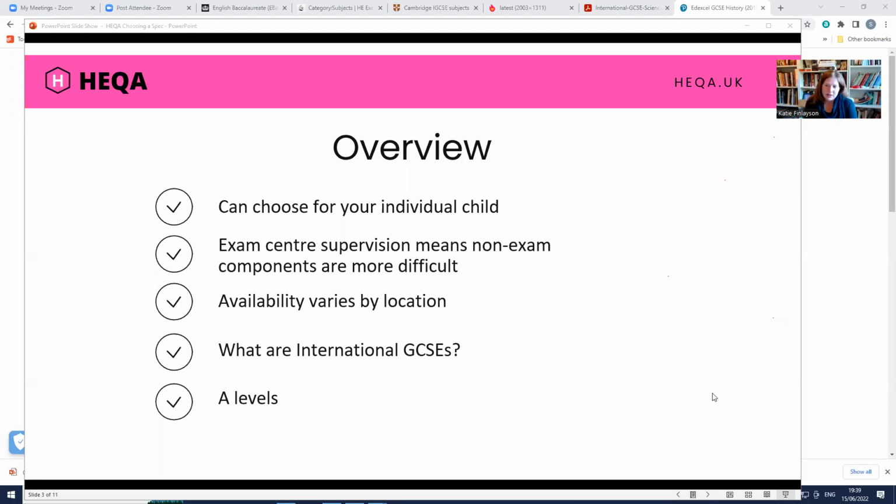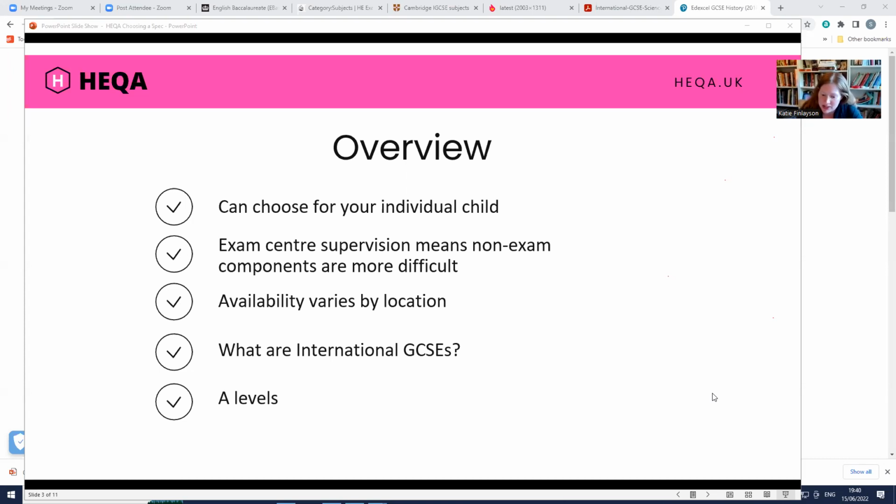So that means that some things that have practical components in the GCSE don't have them in the international GCSE. So you'll often hear that home educators have to do international GCSEs, and that's not true across the board. But what is true is that there are some subjects where doing the international GCSE makes it easier to access an exam centre. So we'll get on to what particular subjects those are later.